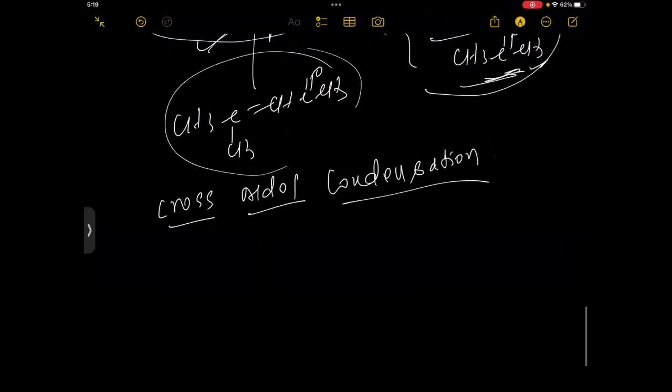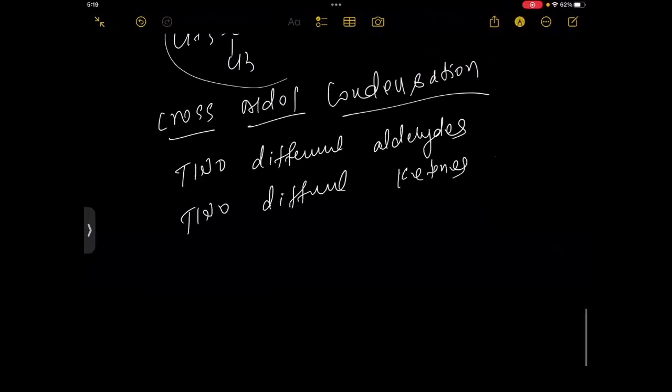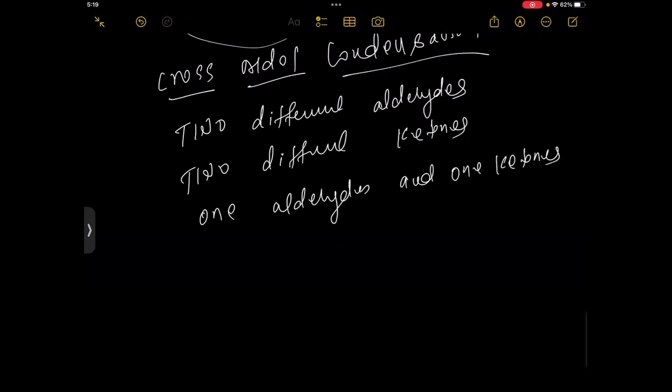Cross aldol happens if you have two different aldehydes, or two different ketones, or one aldehyde and one ketone. What happens if you have two different compounds like that?